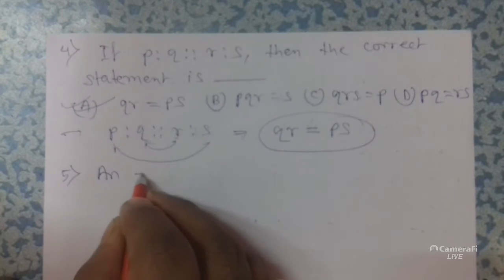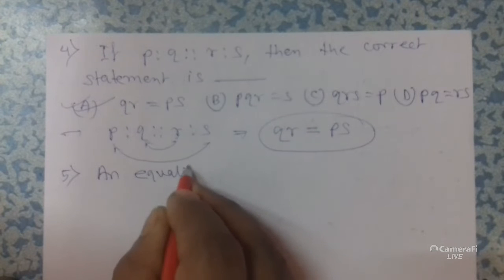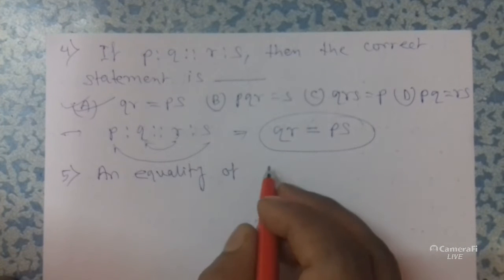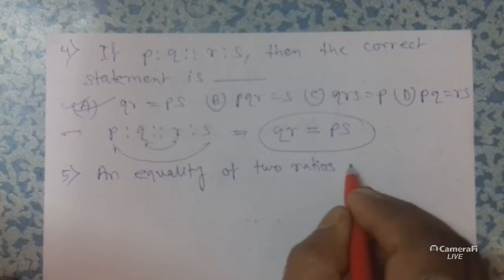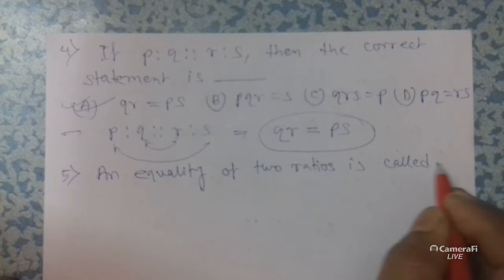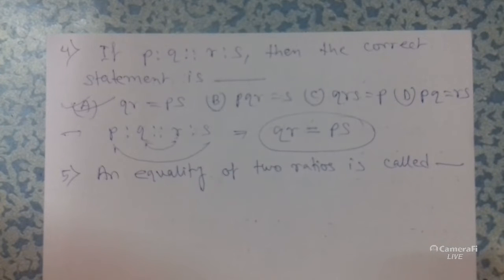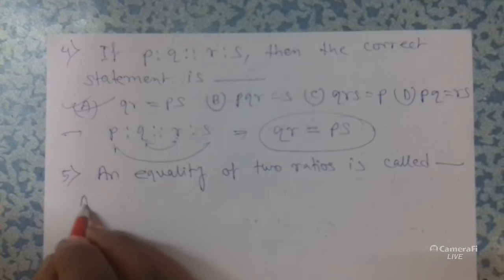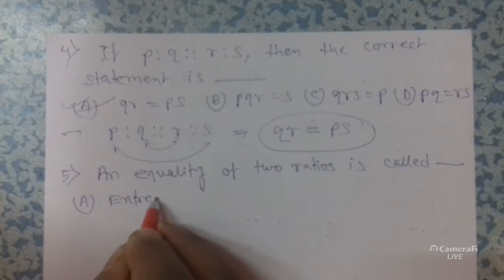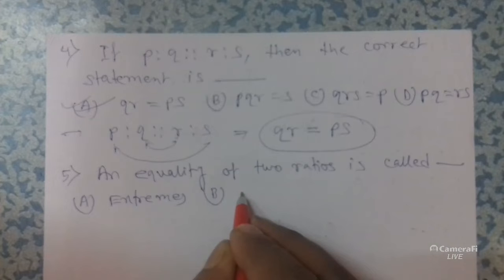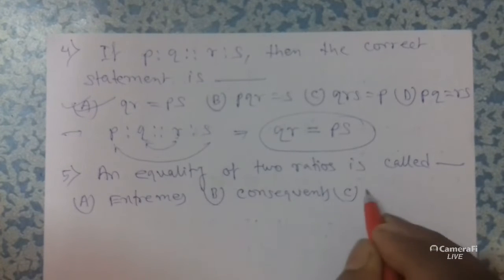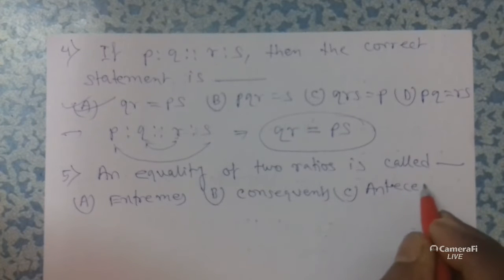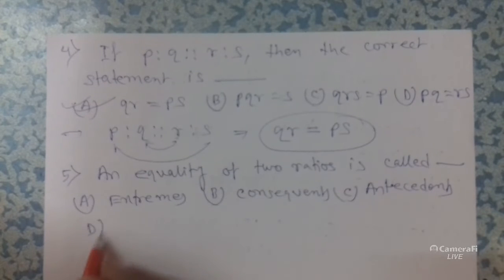An equality of two ratios is called: option A is extremes, option B is consequence, option C is antecedents, and option D is proportion.